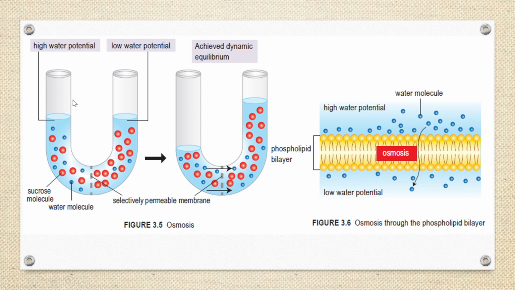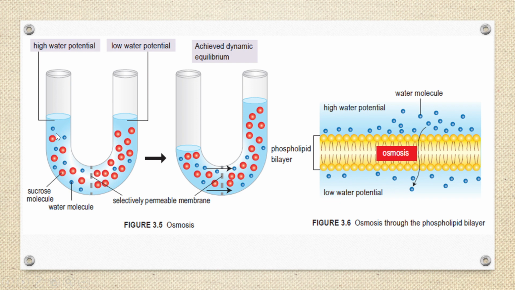Second step is to identify which region has higher water potential, by looking at the molecules. Now remember, osmosis is about water molecules. This region over the left side has more water molecules.